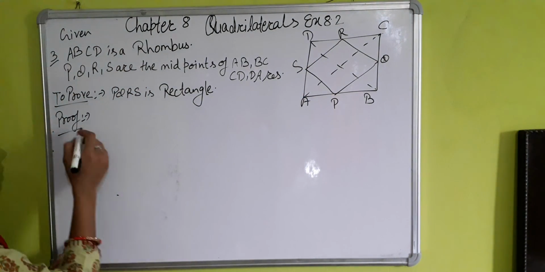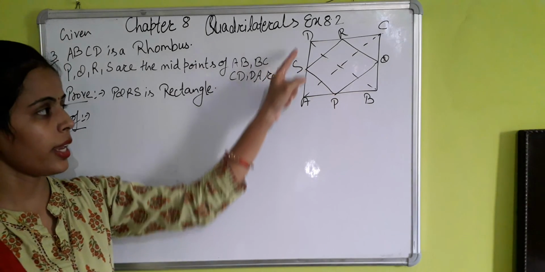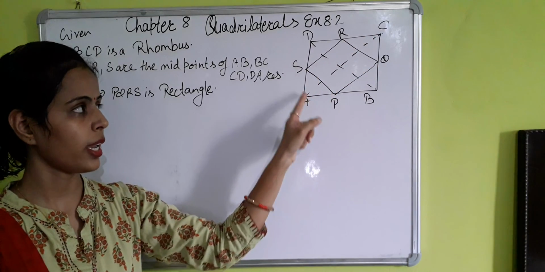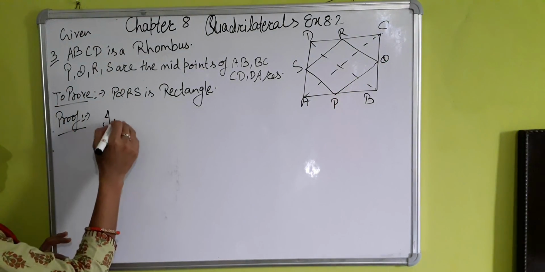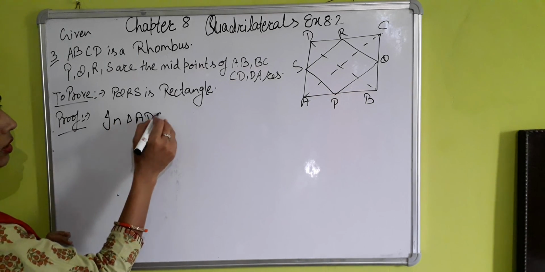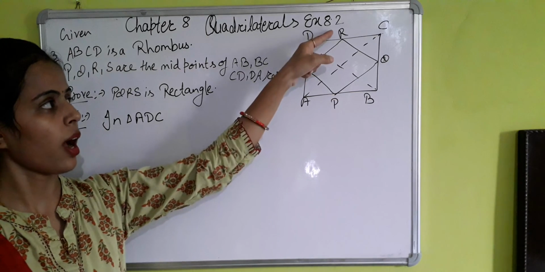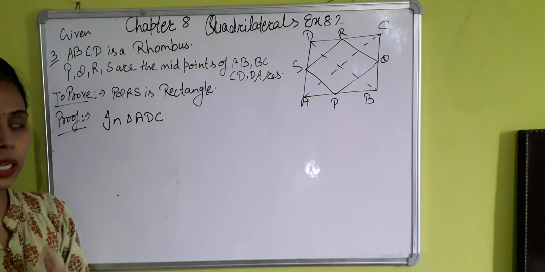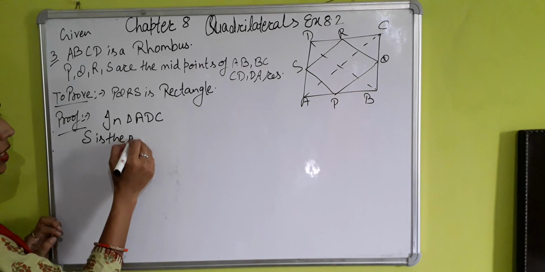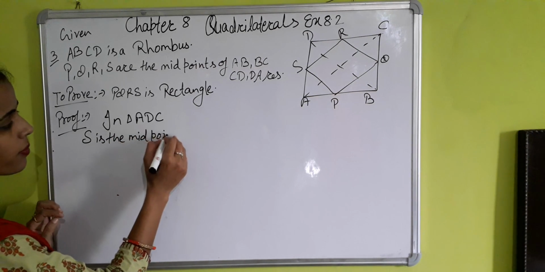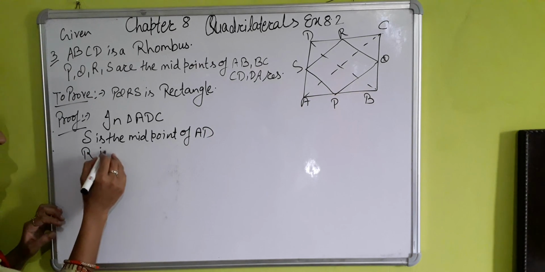First, start the proof. In triangle ADC, given S is the midpoint of AD and R is the midpoint of DC.